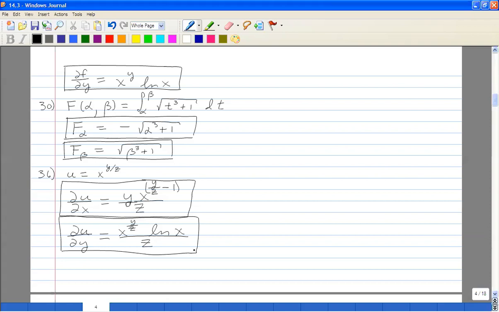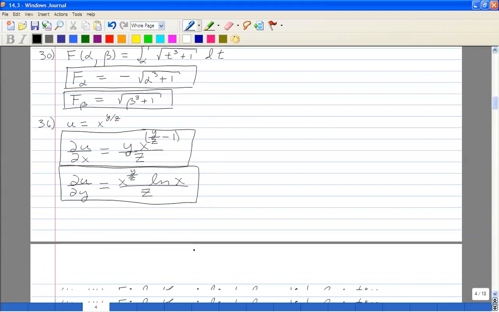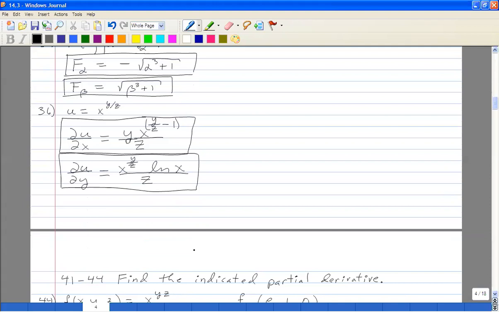And now let's take the partial with respect to z. Well, it's going to be the same sort of thing.